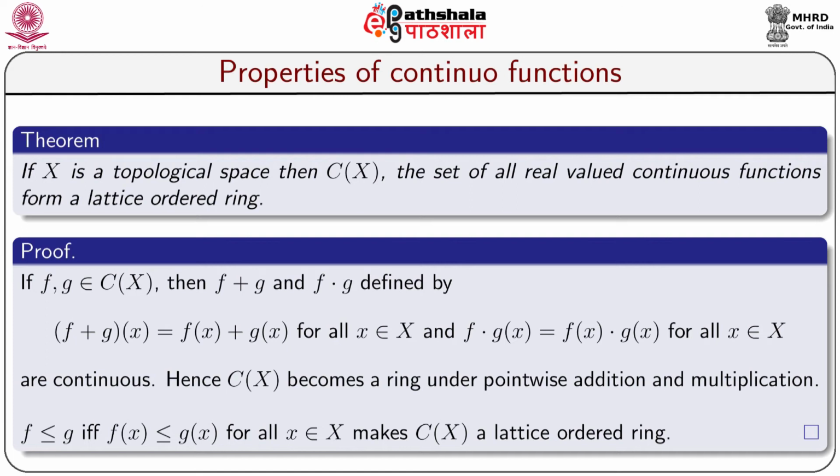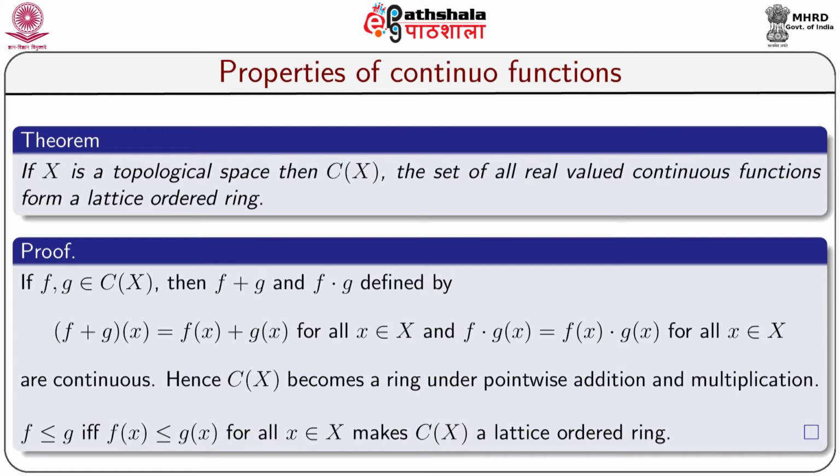If f, g belong to C(X), we define addition and multiplication pointwise, that is (f plus g)(x) is equal to f(x) plus g(x) for all x belongs to X, and (f dot g)(x) is equal to f(x) dot g(x) for all x belongs to X.